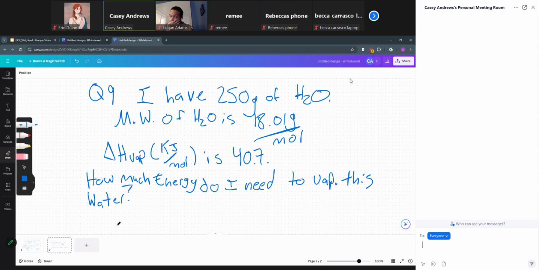I'm going to give everybody a few minutes to figure out this calculation. Remind yourself how you convert from grams to moles. One thing I want you to start doing in this class is figure out what your ending unit should be. I'll help you out the first time. The question is how much energy, so your ending unit should be a unit of energy. Your goal is to end in kilojoules.